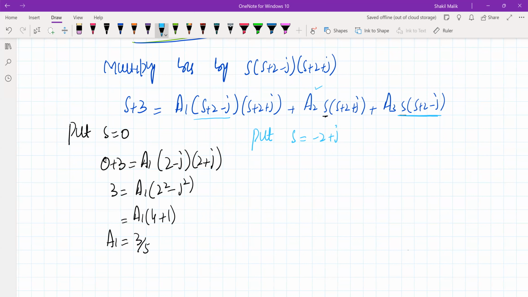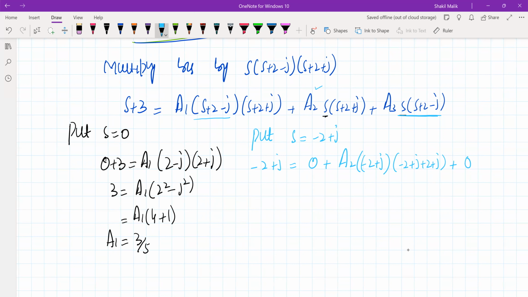So put s equal to this: 0 plus a2 times s, which is minus 2 plus j, into (minus 2 plus j plus 2 plus j) plus 0, because the third term is also equal to 0.